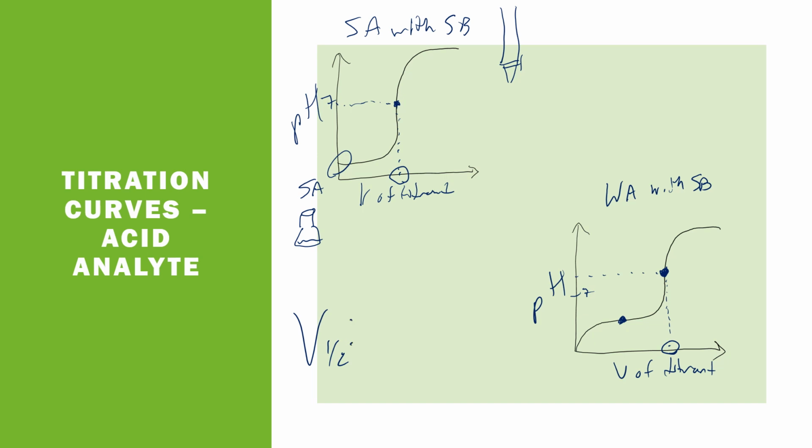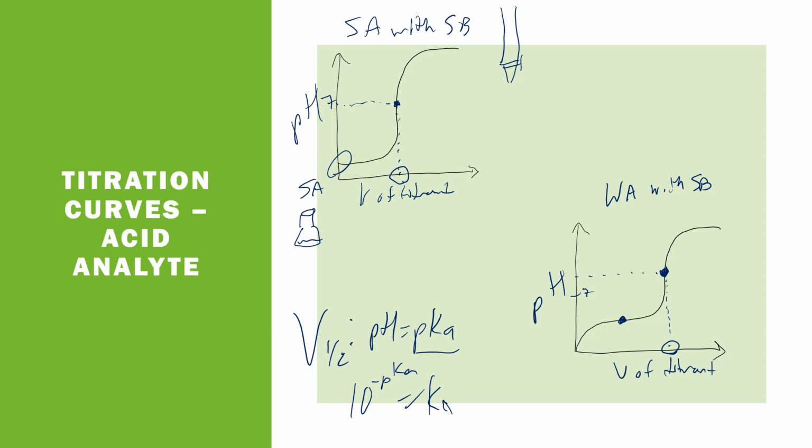At half equivalence point, the pH of the solution is equal to the pKa of the substance, which is super helpful because then if you have the pKa, you can find the Ka. You just do 10 to the negative pKa. I'll give you the pKa, or we'll give you the Ka for that weak acid. So if you're not sure what acid it is, you just know it's weak, you can do a titration to find the pKa, which is kind of neat.